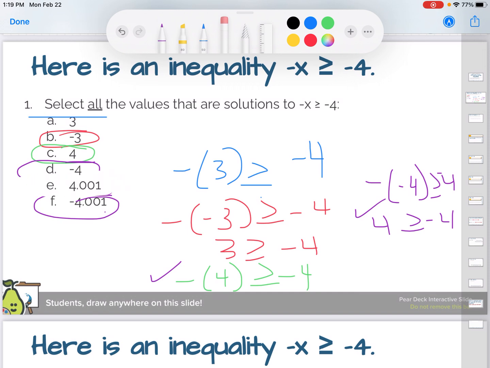That one's not going to work because, let's look at it. If I have a -4.001, that is not going to be greater than or equal to -4. That's going to be further to the left on the number line. So it should be B, C, D, and F.